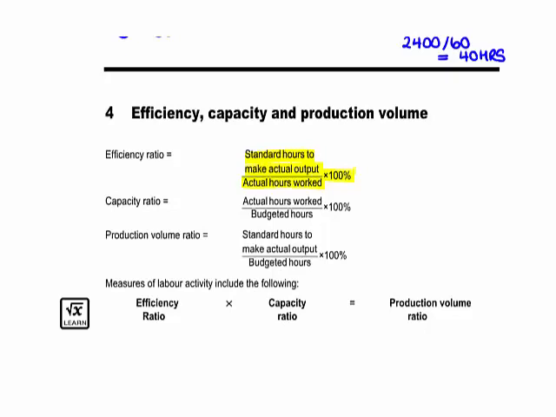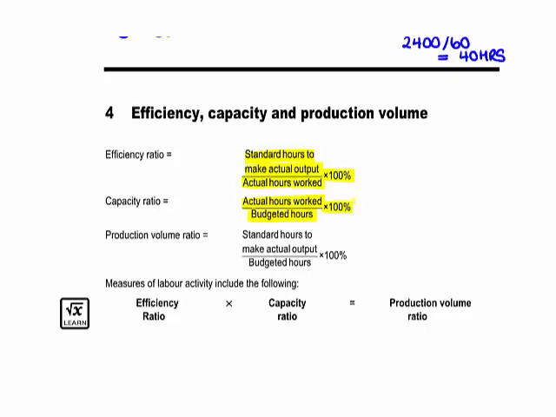With the capacity ratio then, we're looking at how many hours we worked divided by the budgeted number of hours. And if the actual hours worked are greater than the budgeted hours, then we will have increased capacity, we'll have worked at more than 100% capacity.